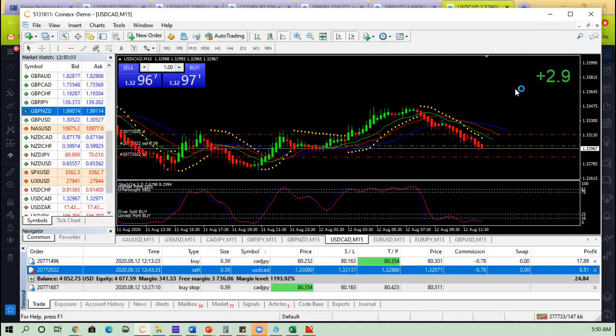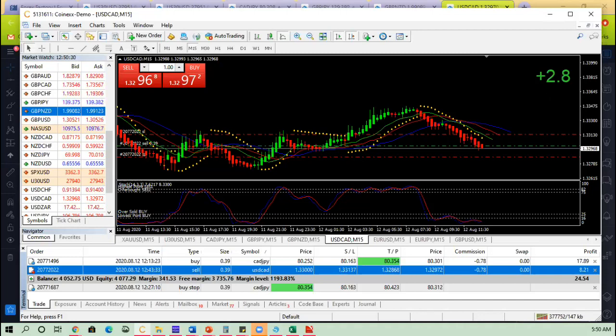All right. So if you have more than one trade in the same currency pair, your pip counter is going to be an average of the two trades in that currency pair that's running.